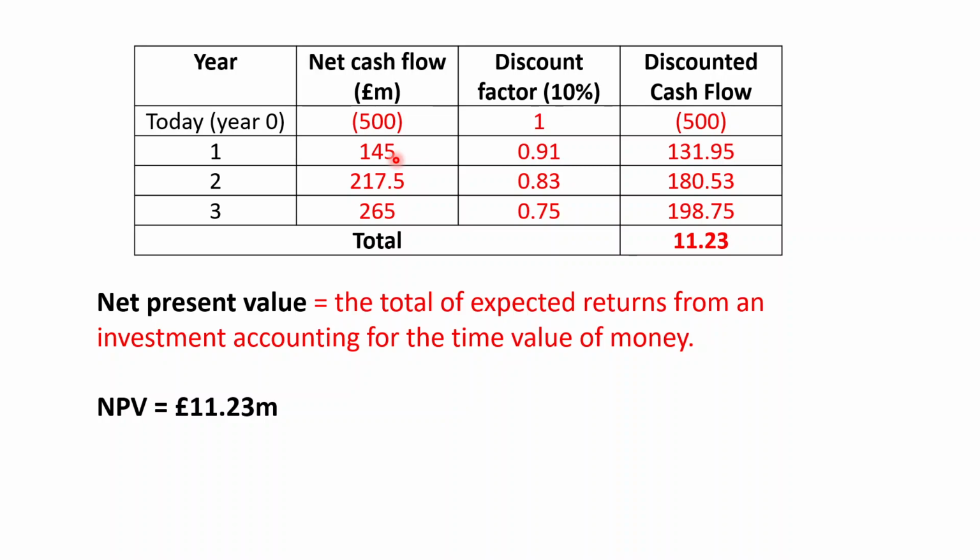So I'm saying I'm going to get 1.5 million in today, in a year's time, but in today's terms, right, that is worth less because of the effects of lost interest, and inflation means that money is worth less in the future. And in this case, we're discounting by 10%.